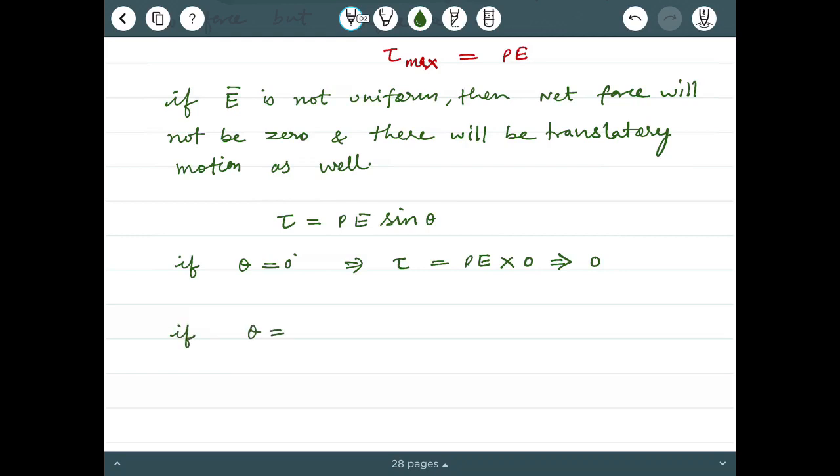If theta is 180, then also torque equals PE sin 180, and sin 180 की वैल्यू भी 0 होती है, so it will again be 0. This condition, when theta is 0, is termed stable equilibrium. This is unstable equilibrium.